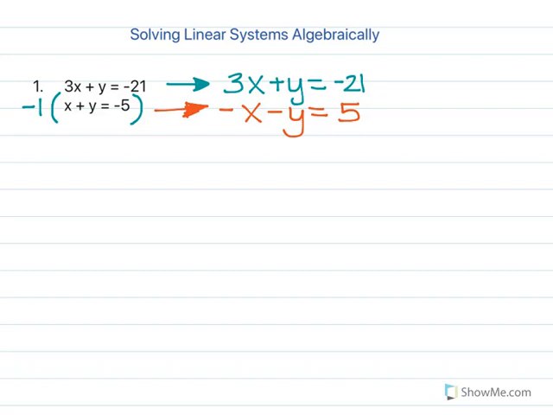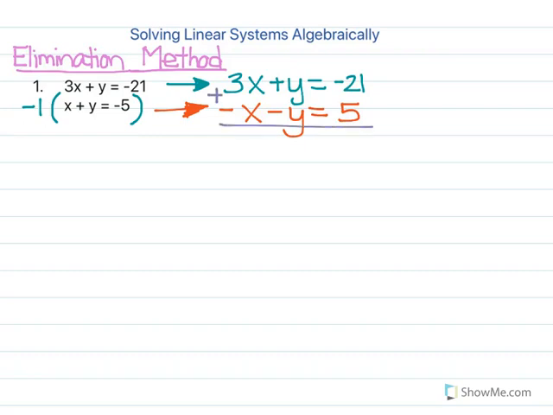And what we're going to do next, since this is the elimination method, we're going to add these two equations together. And when we add them together, you should notice that the y's are going to eliminate. That's why we call it the elimination method. And then when we add 3x and negative x, we should get 2x.